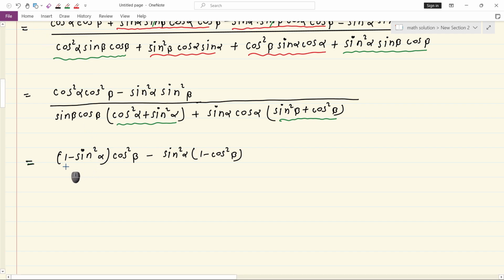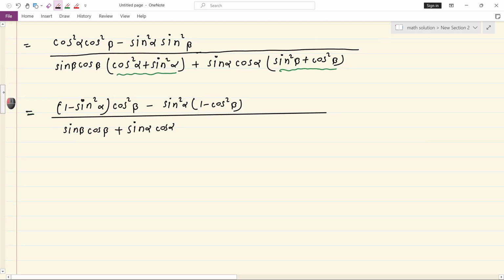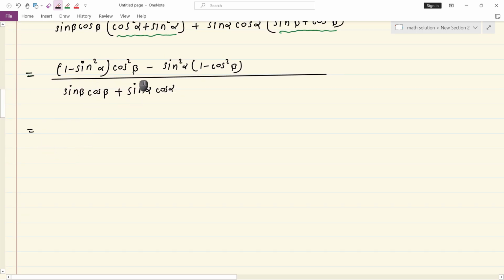Now give the big underline. In the denominator we write sin beta cos beta, no need to write 1 because multiplied with 1 it is already 1, and sin alpha cos alpha. Now in the numerator we are just going to expand it, multiply and open the bracket.